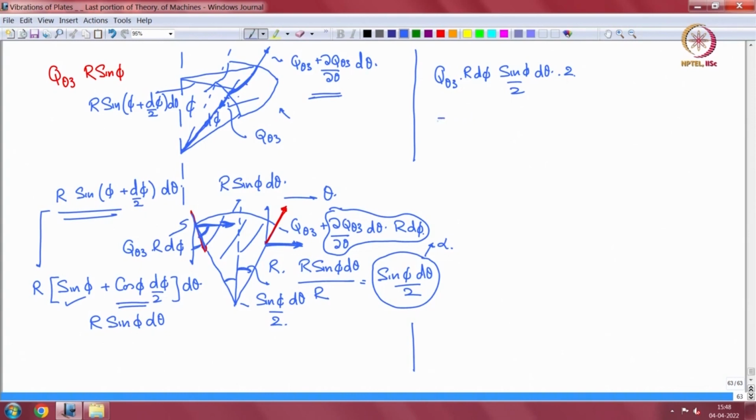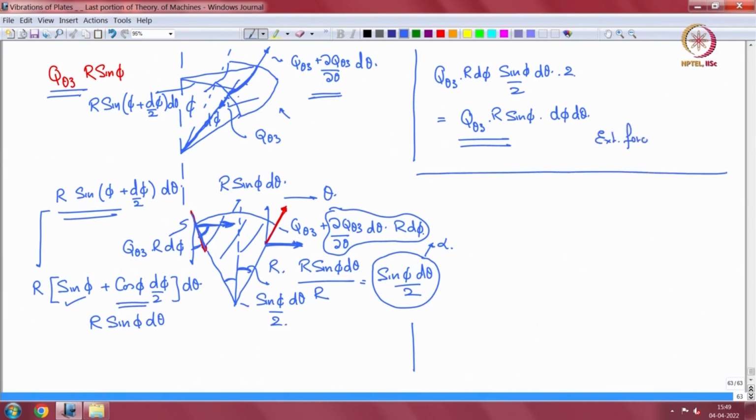So that gives me Q theta 3 into r sin phi d phi d theta, which is what we have over here. So that finishes the second equation. The remaining terms are the external force and inertia. So what is left is the third equation of motion, which we will do in the next class. Thank you.